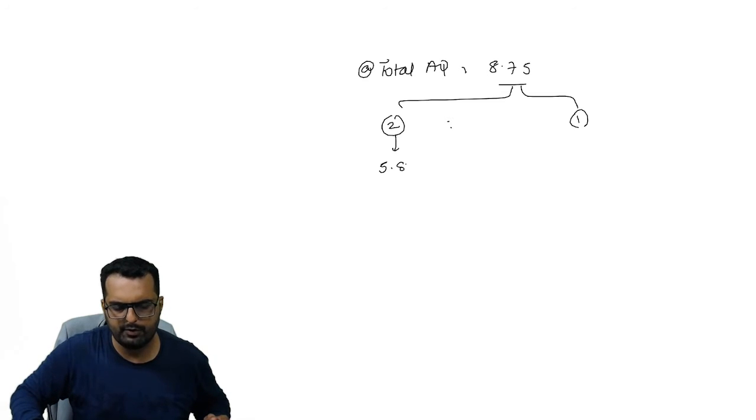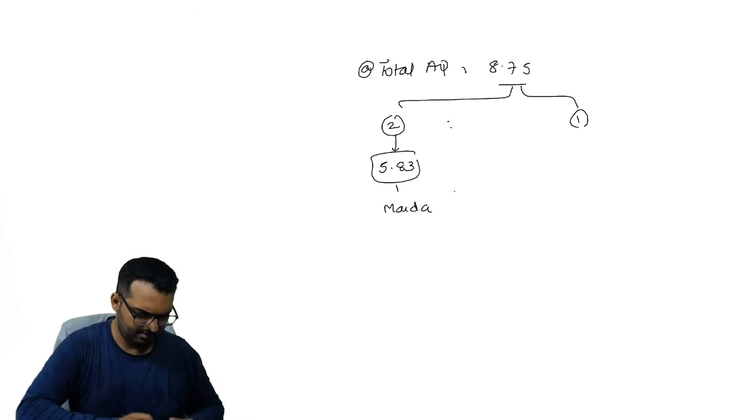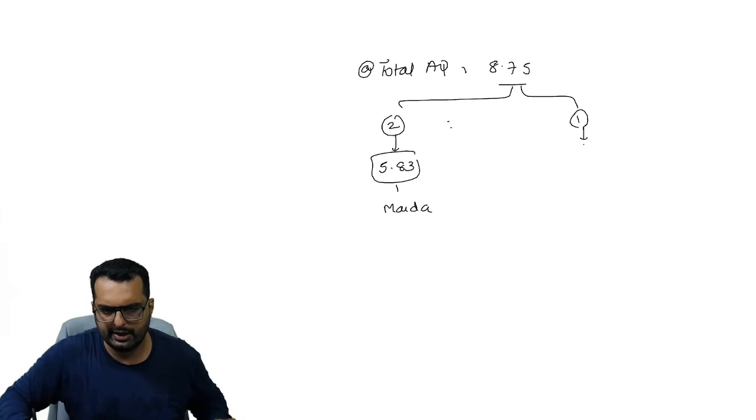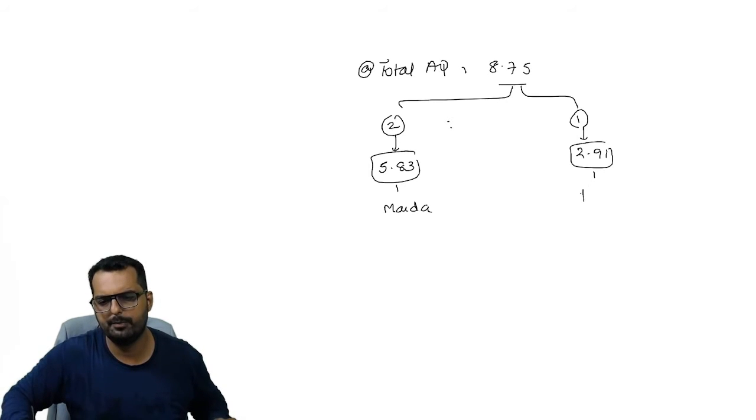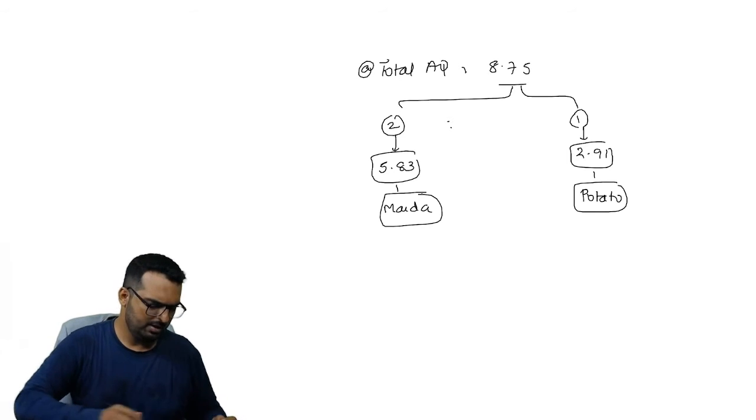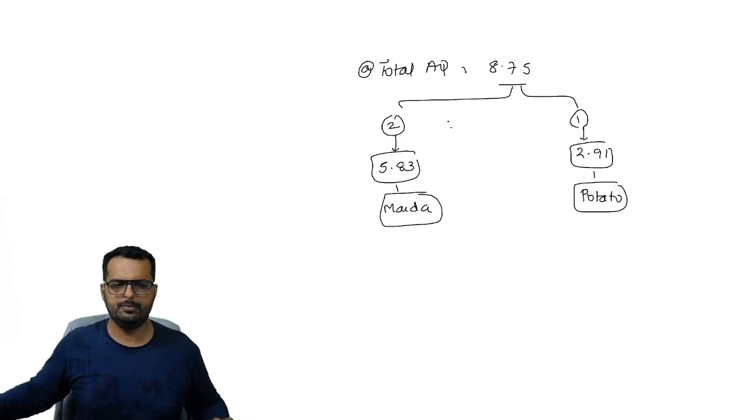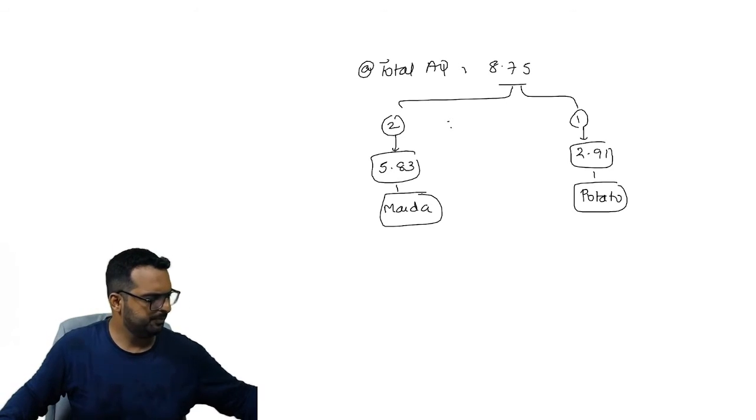You would get the number as 5.83 should be your maida, and 8.75 divided by 3 into 1, 2.91 should be your potato. Okay. Can you write down this in your books now? All of you?